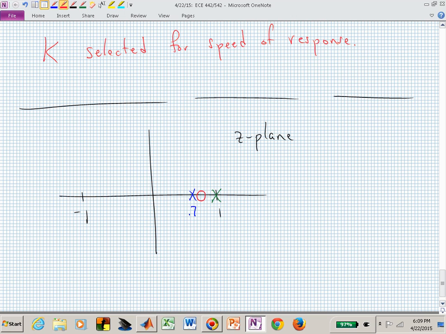No, this one's easy, isn't it? Because what's your pole 0 excess? 1. How many zeros at infinity do you have? 1. Where's that asymptote for that 0 at infinity, for that branch of the root locus? It's 180 divided by 1. I can even do that division. That's at 180. This is pretty easy, isn't it?